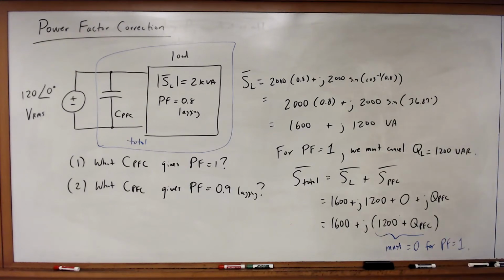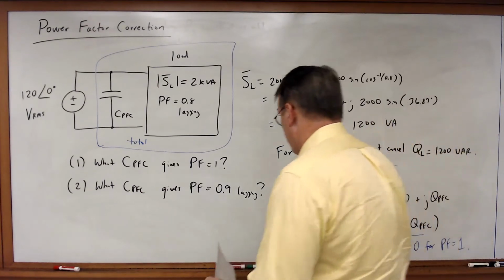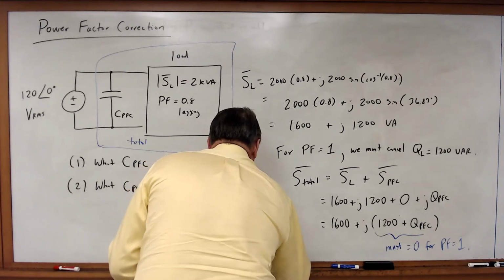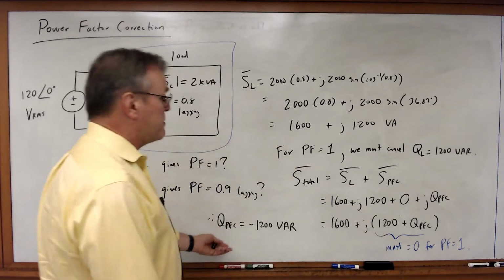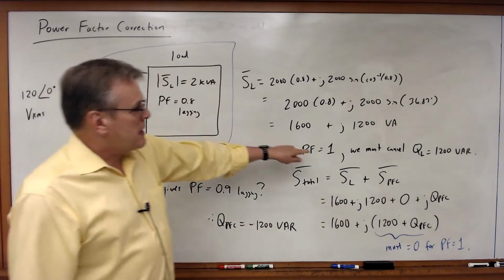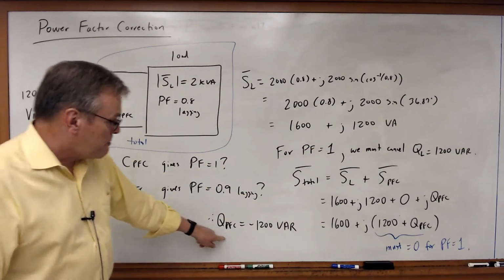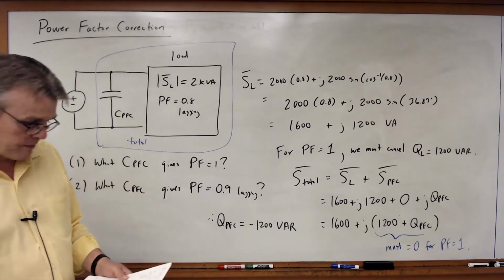And so therefore, QPFC is equal to minus 1,200 VARs. So exactly what we've been saying here. I just did this more explicitly going through the math. But what we're saying is we need to cancel the VARs of the load, which means the capacitor must have minus 1,200 VARs in order to make that happen.